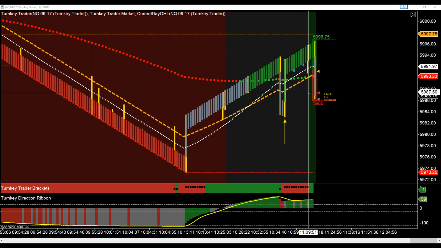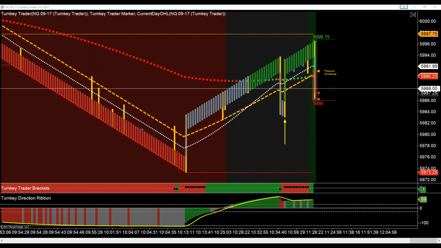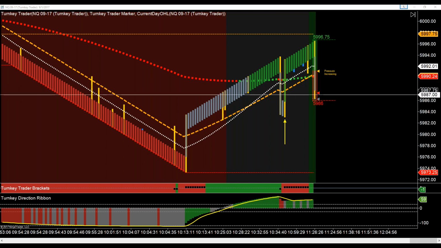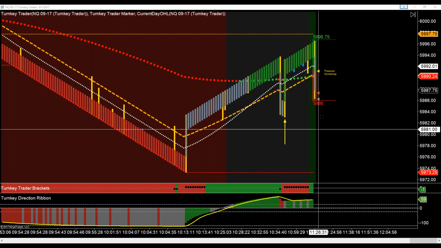So if we're looking for a trend trade and say the bottom of our red box is at this level, well, our bar is already extended past that, we know the trend trade is disqualified immediately.